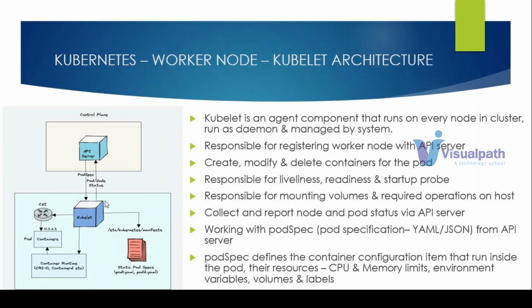Everything we define in the pod spec in the form of YAML and JSON is managed by kubelet only. There are also certain features like liveness, readiness and startup probes, which are also managed by kubelet. We'll explain in detail later on.